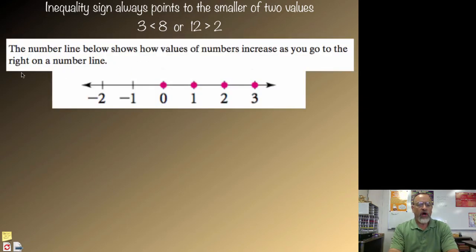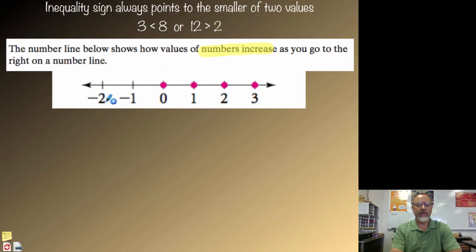So on the number line, this can help us identify whether one number is larger or smaller. And the way we can do this is if we understand that on a number line, the numbers increase in value as you go to the right. So as you go from left to right, the numbers are getting bigger.